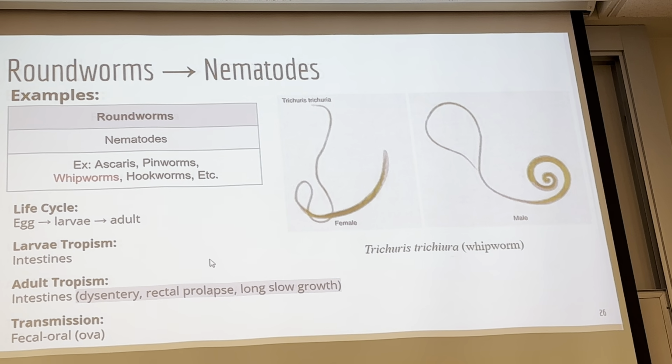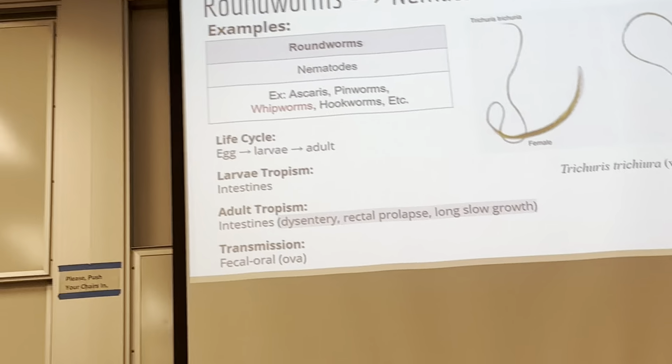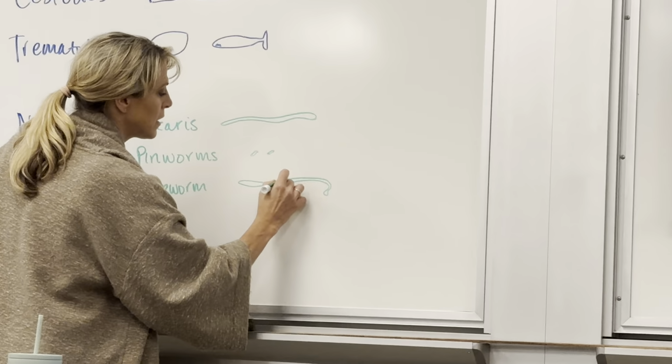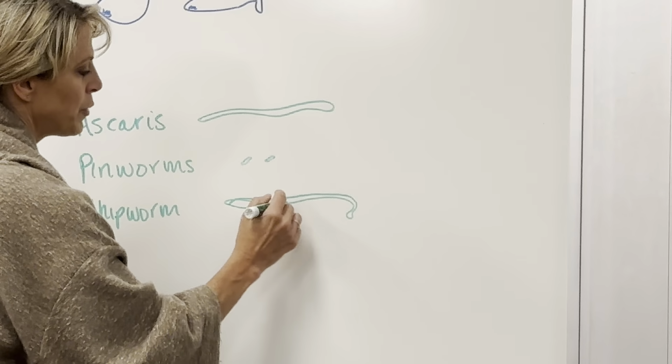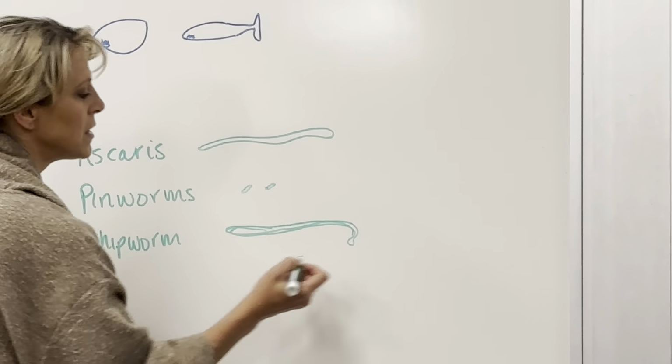And then whipworms. These are also fairly common. These ones look like the Indiana Jones, like a little whip with a handle. I probably didn't draw it very well, but they have a thicker side and then a thinner side.